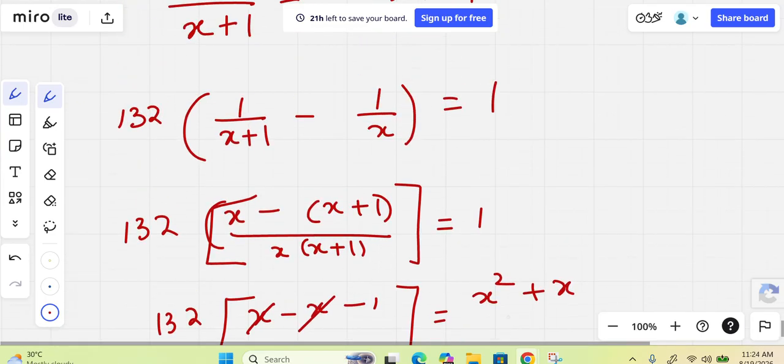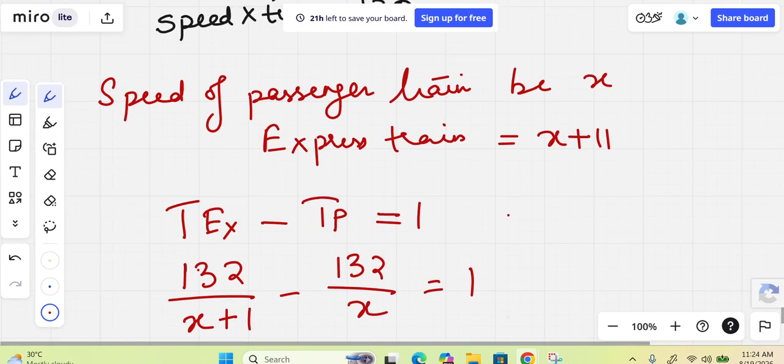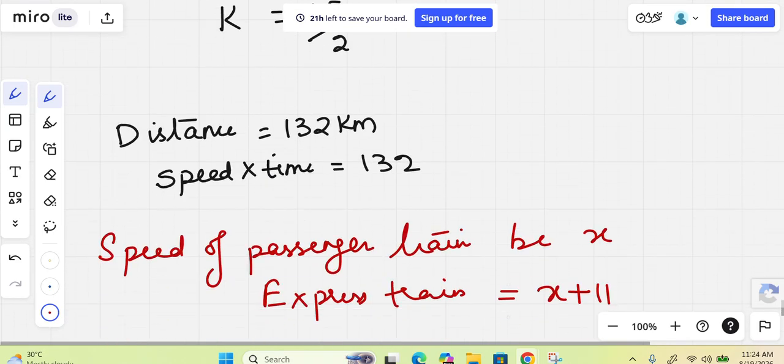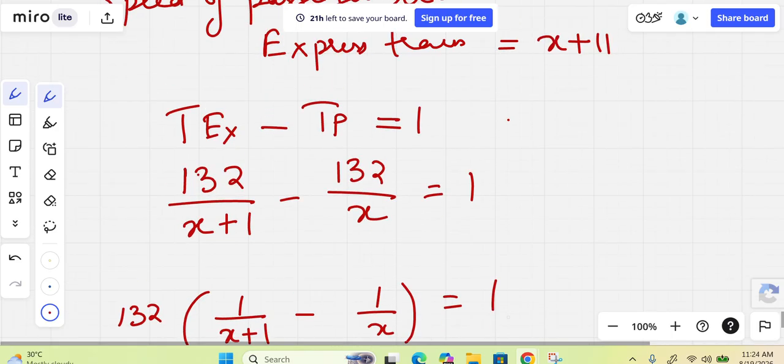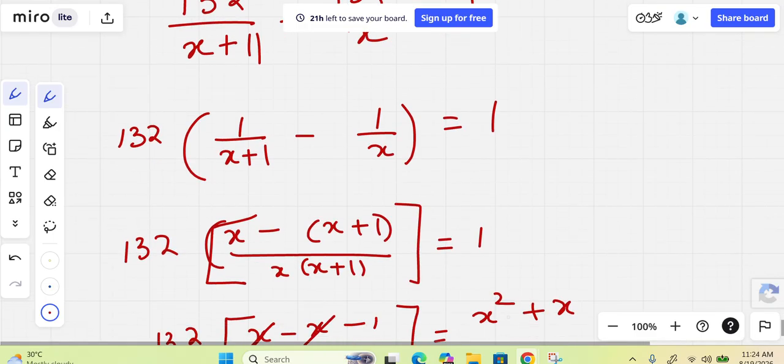Guys, did something go wrong? Nobody said anything. The speed of the express train was plus 11, right? So many mistakes now.